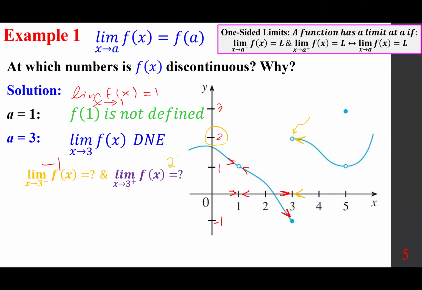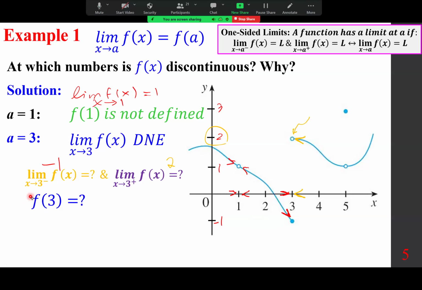Again, just to make sure we have mastered this, can anybody tell us what is f of 3? At x equals 3, look for... Does not exist? No, it does. f of 3 exists.